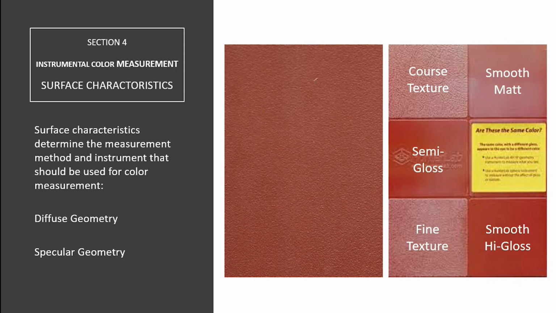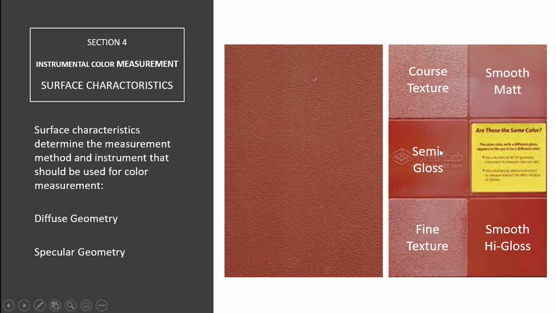However, on one side, it's been injection molded with different textures. We have coarse texture, a smooth matte finish, a semi-gloss finish, a high gloss finish, and very fine texture. Again, it's all the same color, but this shows how the surface appearance changes how you perceive the color.